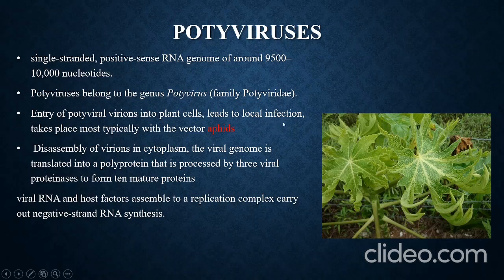From the local infection, the virions enter into the cytoplasm of the cell. There occurs disassembly of the virion, and the virion genome, a positive sense RNA, is translated into a polyprotein. Then this polyprotein is processed by 3 viral proteinases to form 10 mature proteins.